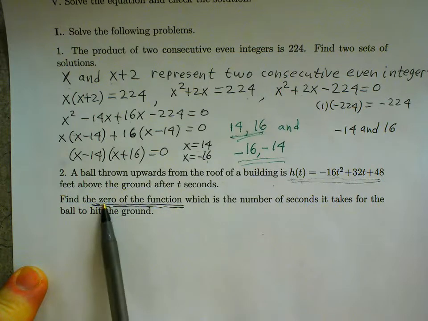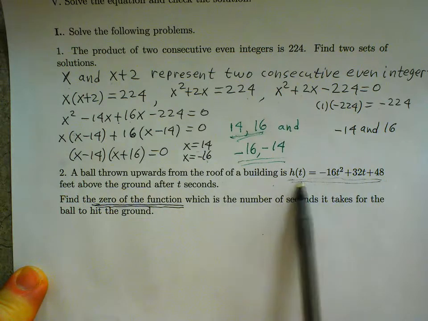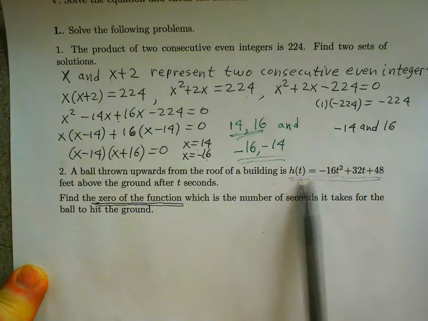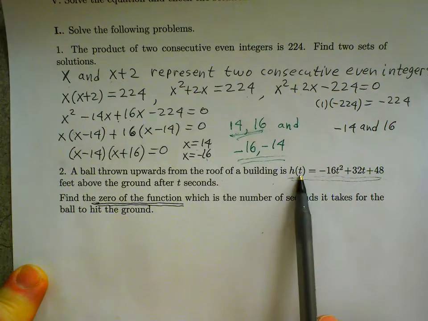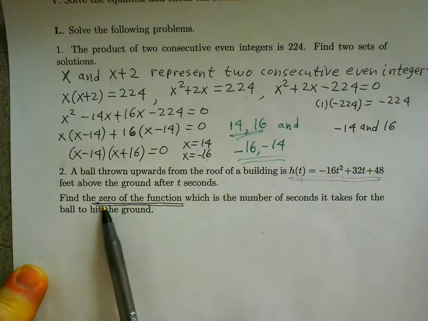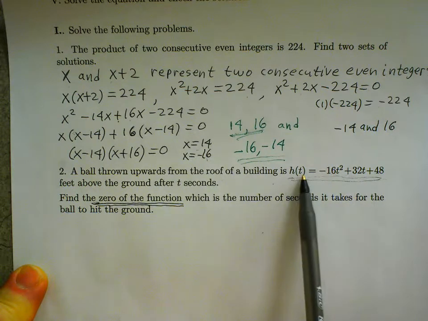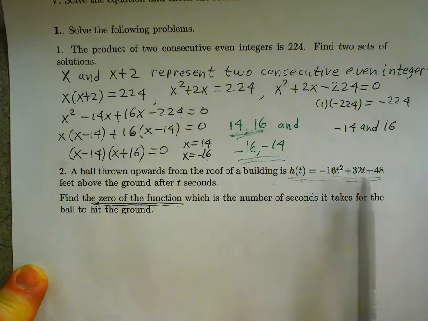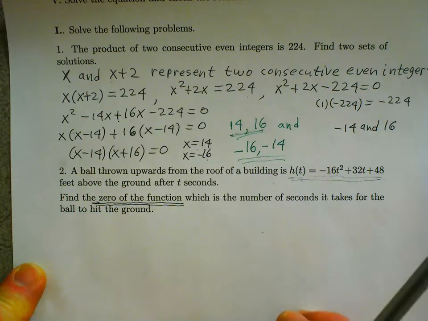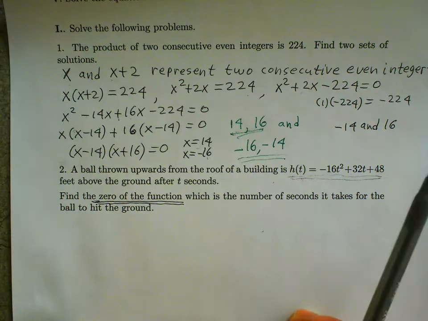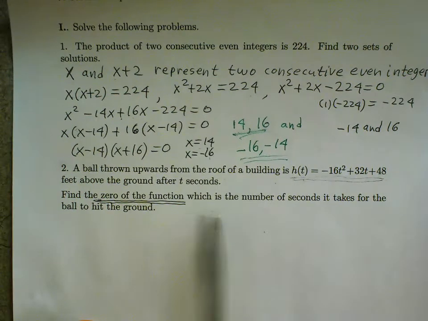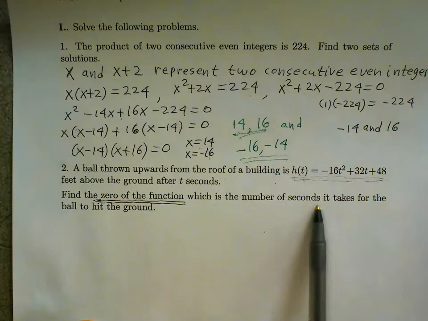The 0 of a function, this is a function of the variable t, is, in this case, the t value that makes the output equal to 0. Let's read the rest of the sentence. Find the 0 of the function, which is the number of seconds it takes for the ball to hit the ground.